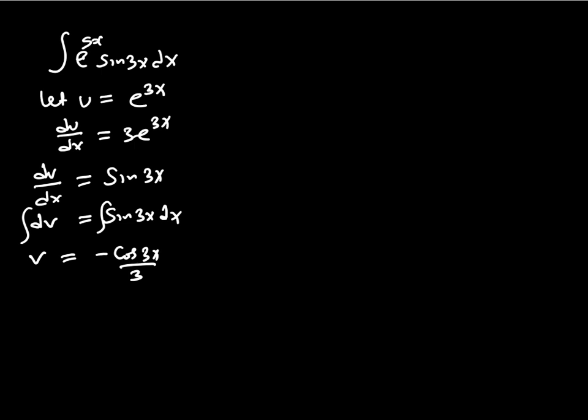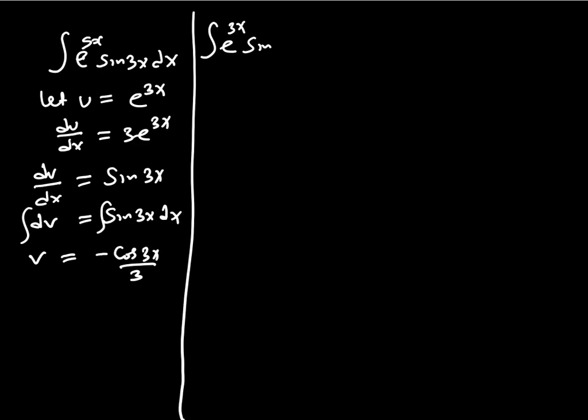Okay, so we feed in the formula, and so it will give us the integral of e to power 3x sine 3x dx equals, remember the formula, so you can see the formula clearly. The formula we use, we have derived it.